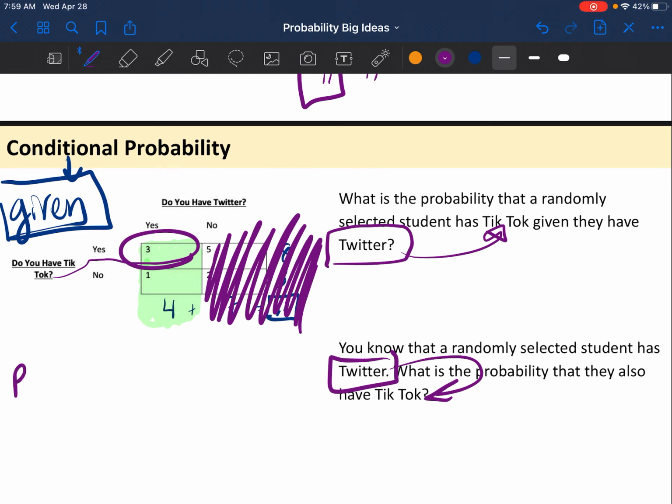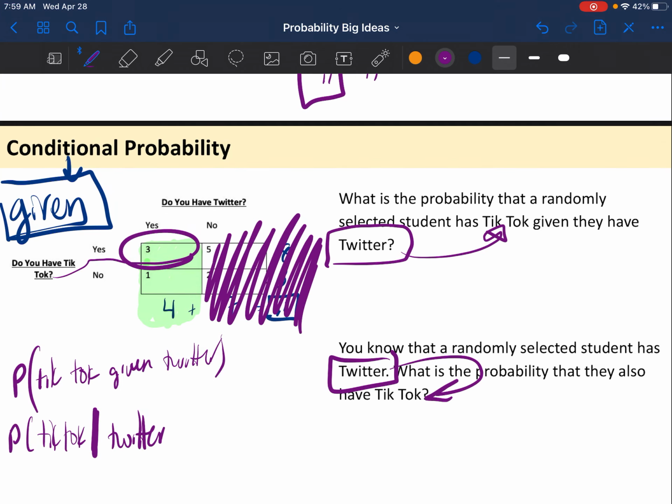The way I can write this is the probability of TikTok given Twitter. And you might see this as P of TikTok, with this vertical line, Twitter. This vertical line means given.